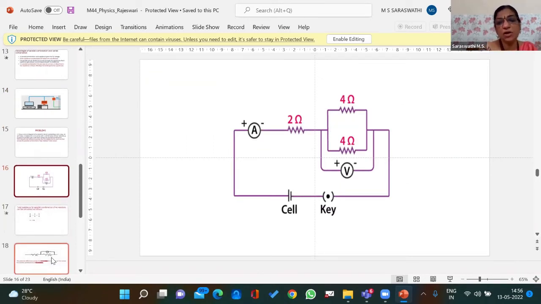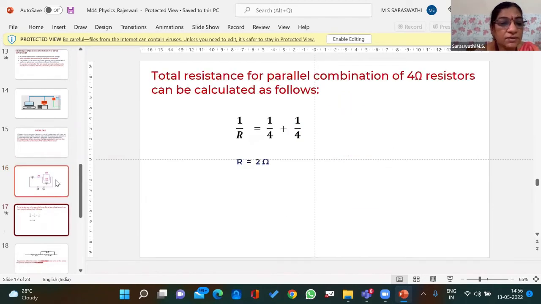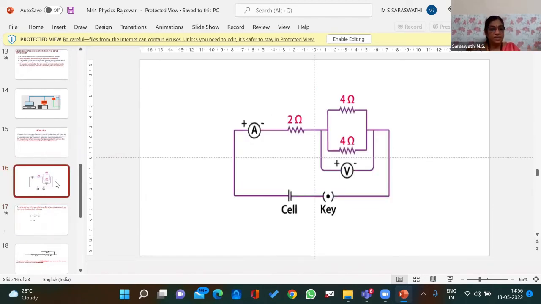This is a combination of resistors, series and parallel. Can you find the total effective resistance here? The answer is 4, ma'am. 4, is it?